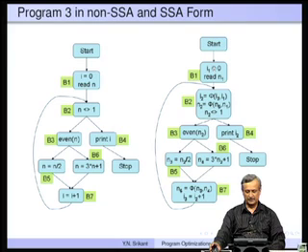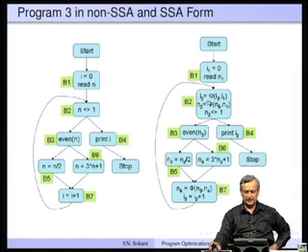For example, I in the original flow graph flows from B1 into B2 and also from B7 into B2. So, in B2 in the SSA form we have a Phi function which really takes two parameters I3 and I1. I3 corresponds to the first parameter coming from B7 and I1 corresponds to the second parameter coming from B1.